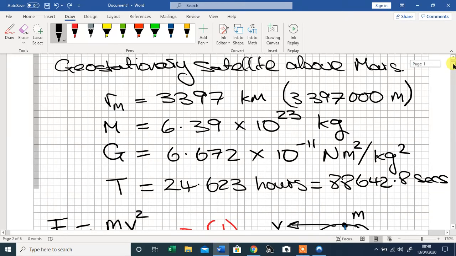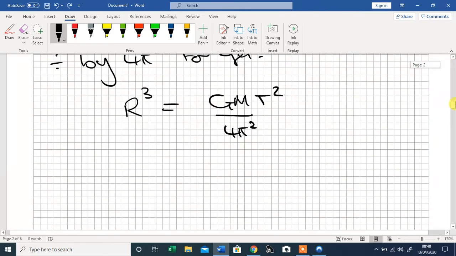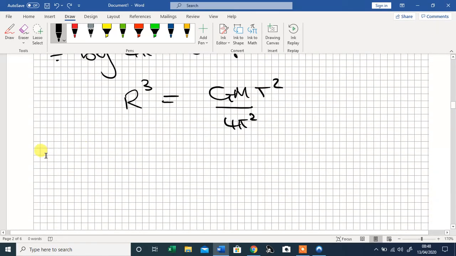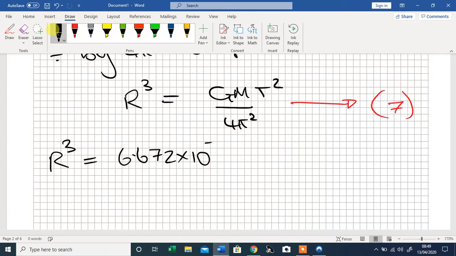So if we substitute the latter 3 constants into equation, we'll call this equation 7, we get r cubed is equal to 6.672 times 10 to the minus 11.